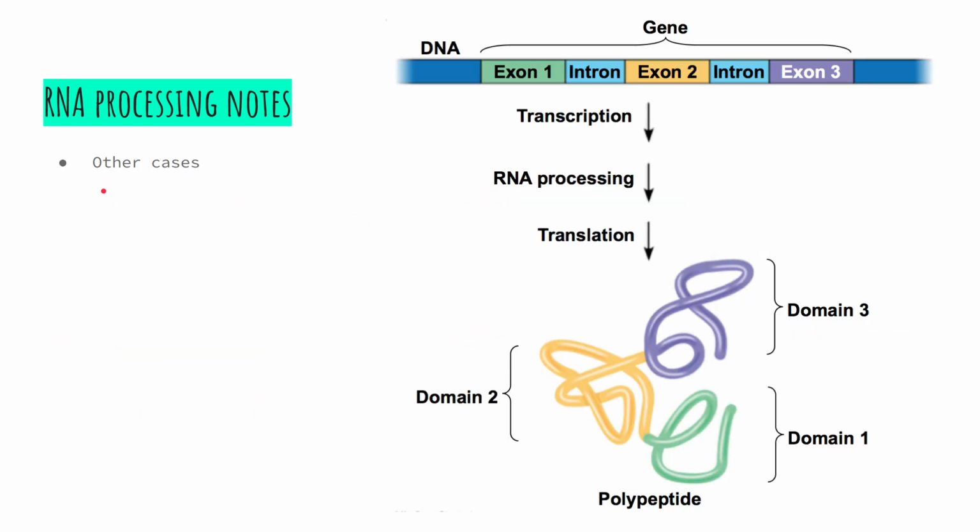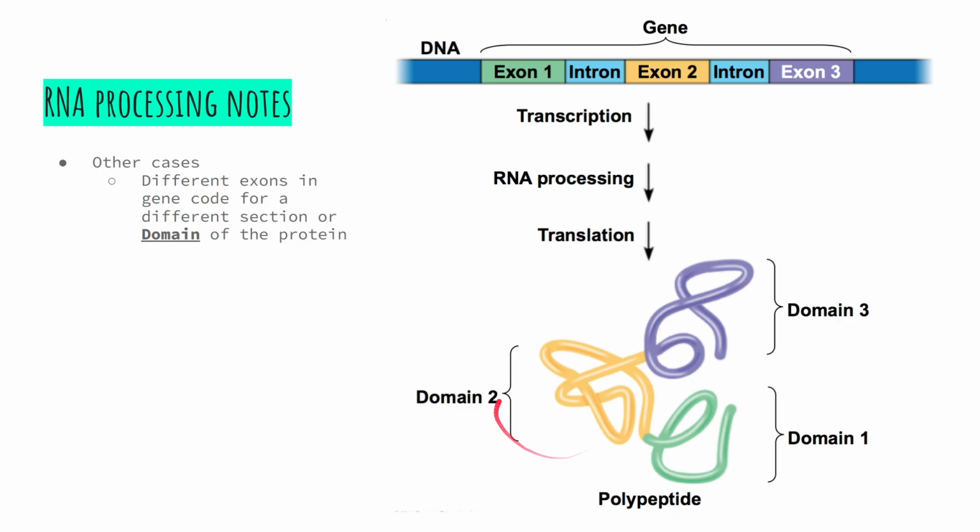Some other examples: we have our gene, we have our exon, intron, exon, intron, exon. Introns can go away, we don't need them. But you might find that different exons will code for a different section or domain of the protein.